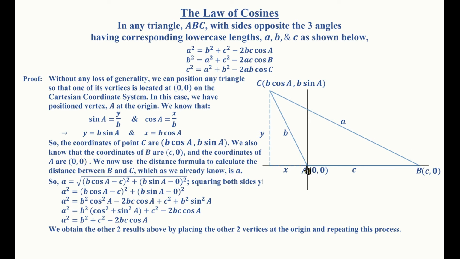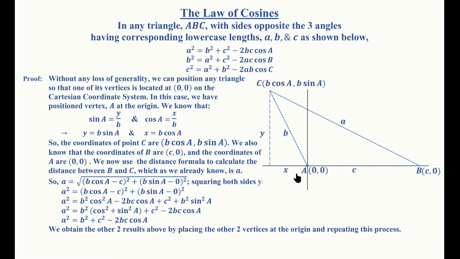So if we do that, notice that we know from the definition of sine and cosine from the very beginning of the term that if this is the triangle ABC that we're looking at, then for this point C, the sine of the angle associated with it, the angle A, which is this angle here, is going to be y over b.